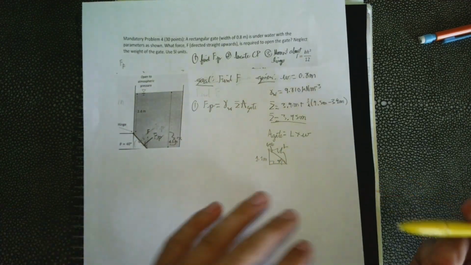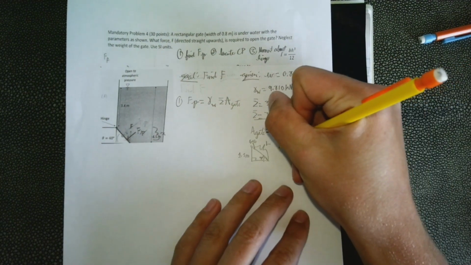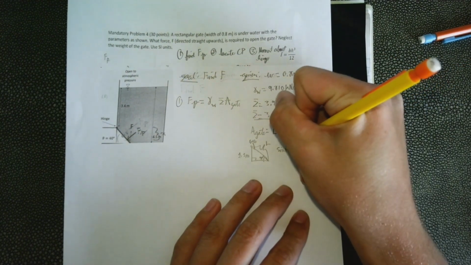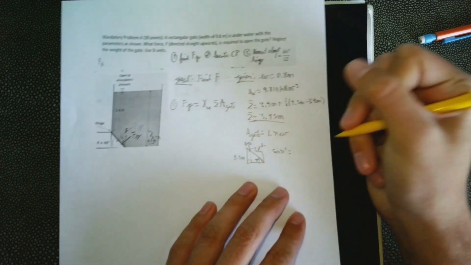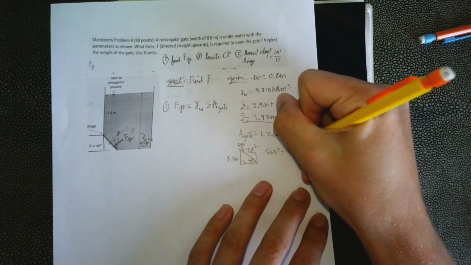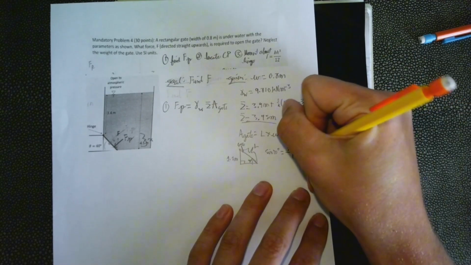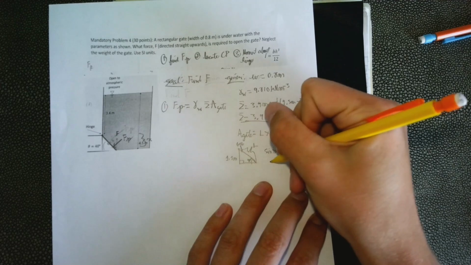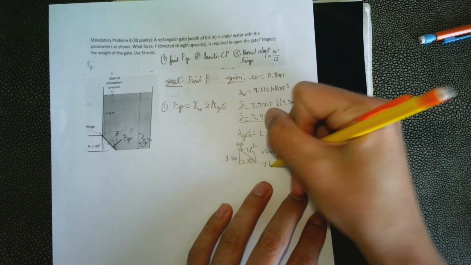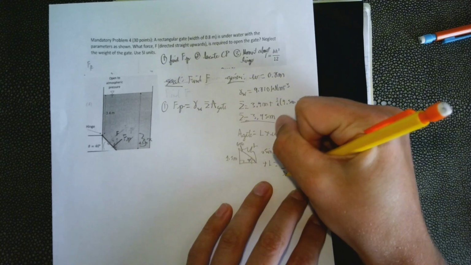Then we can do sine of 40 degrees equals 1.1, opposite over hypotenuse. Rearranging, the length equals 1.1 meters over sine 40.